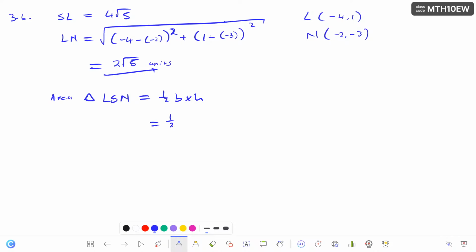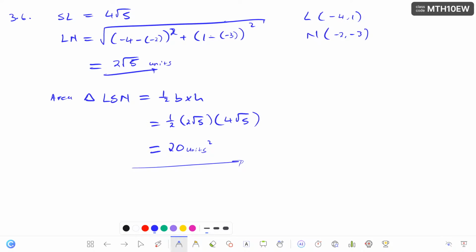So 1/2, our breadth is 2/5, then our height is 4/5. So calculating this one, 1/2, 2/5, then 4/5, I get my answer as 20 units squared.